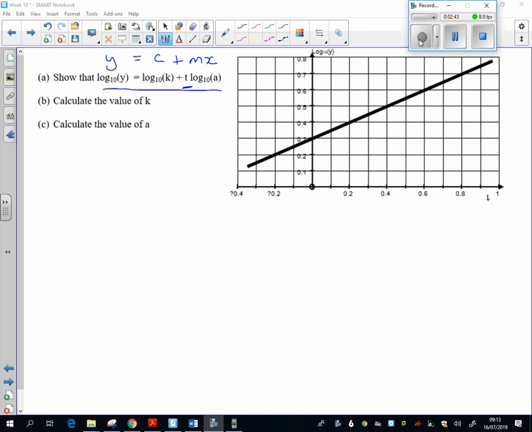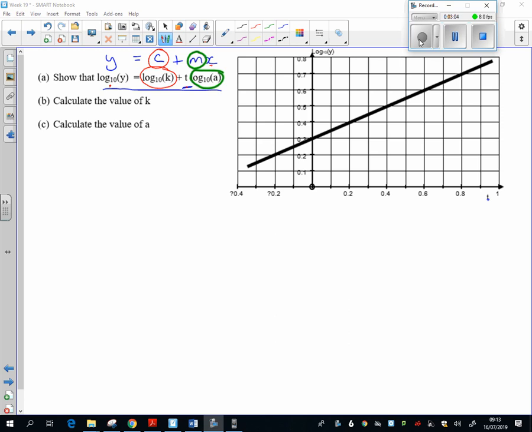Okay, so that just means that if I compare that to an equation of a straight line, that's my gradient, and that's my y-intercept. Okay, but instead of y, it's log to the base 10 of y, and instead of x, it's the variable t.